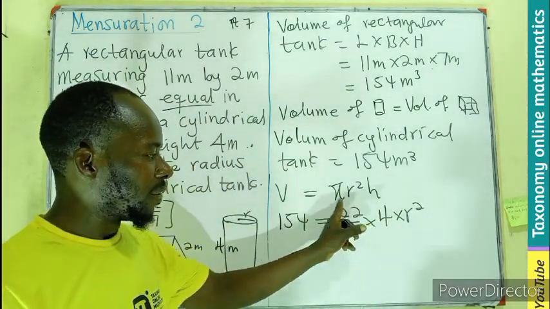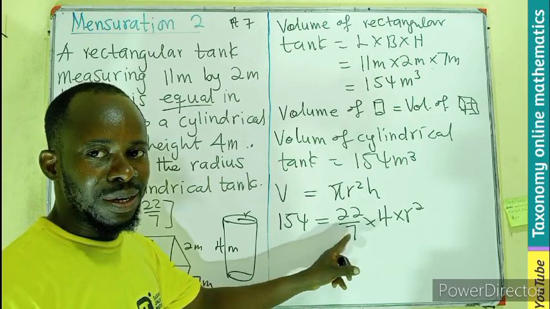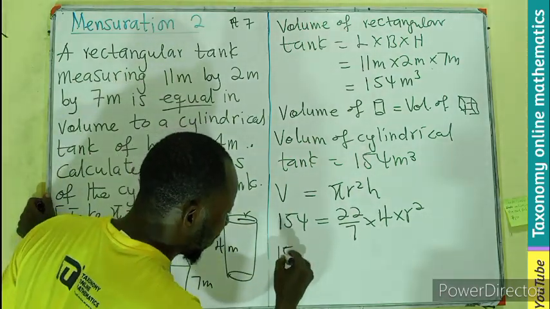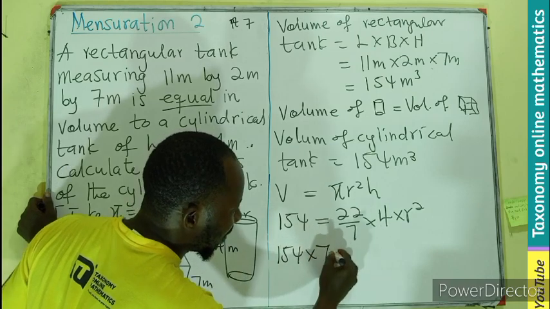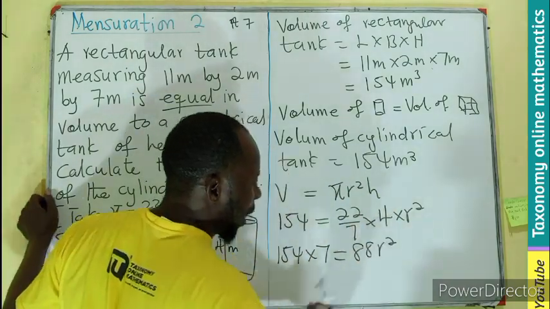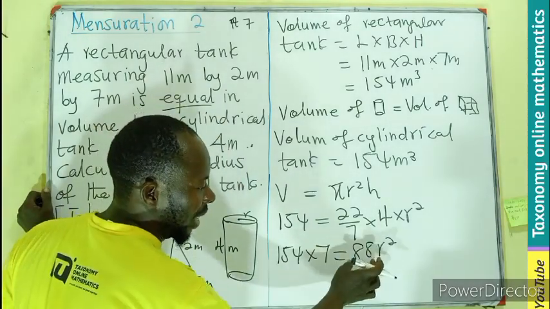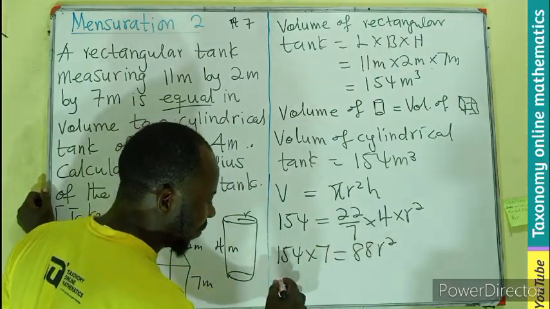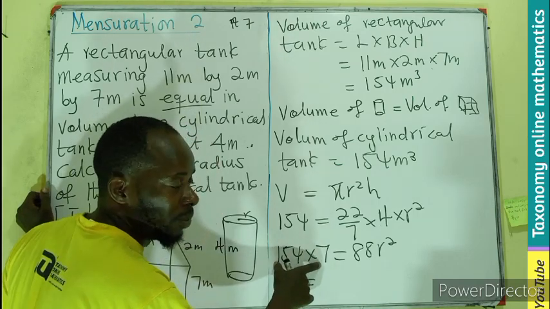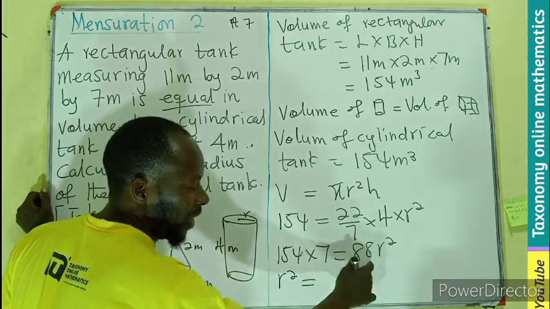We can multiply this, then this is a fraction, so we multiply by the LCM. So I'll be having 154 times 7 equals 88 r squared. Then if we divide by 88, we are going to have our r squared equals this multiplication divided by 88.